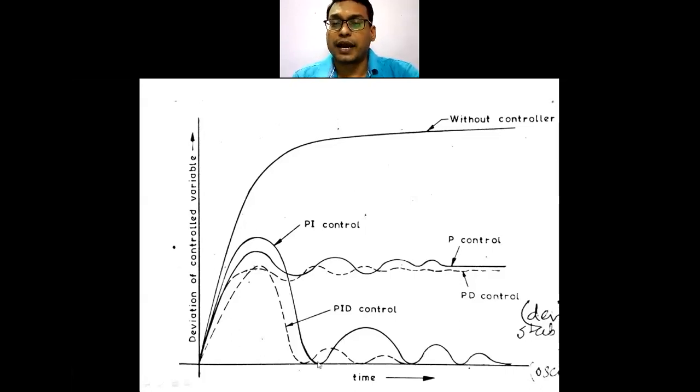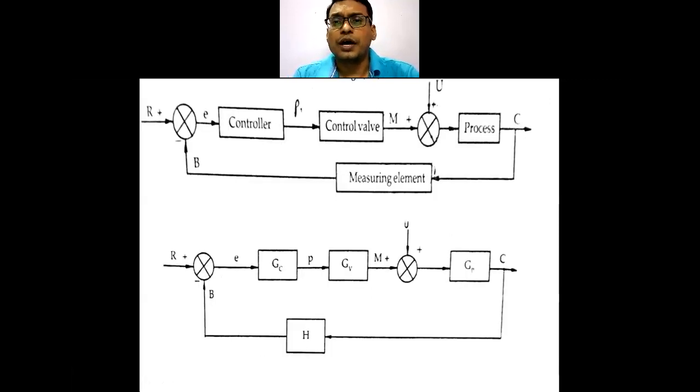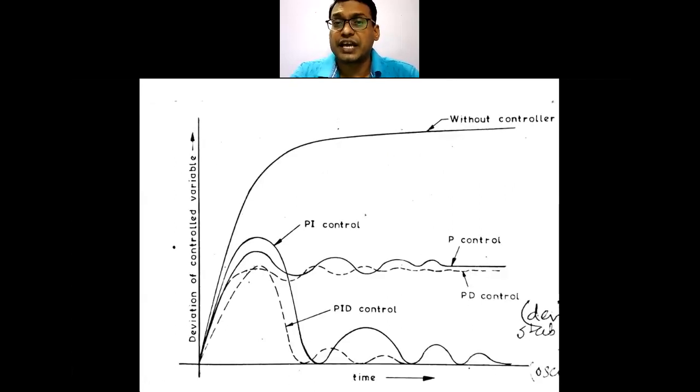And in case of the PID controller, both offset and oscillations are reduced. So you must understand and remember this behavior of a controller, and one has to remember this block diagram for any process which has the controller, control valve and the measuring element. So this block diagram and this action of a controller are very much essential to understand this control system.